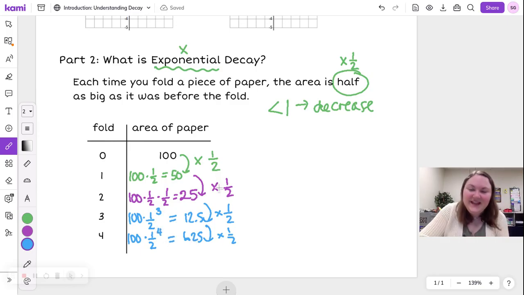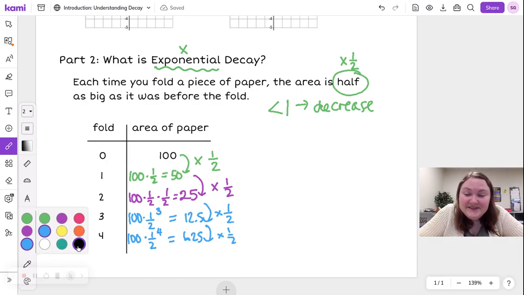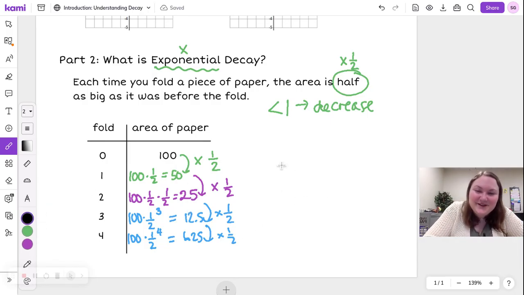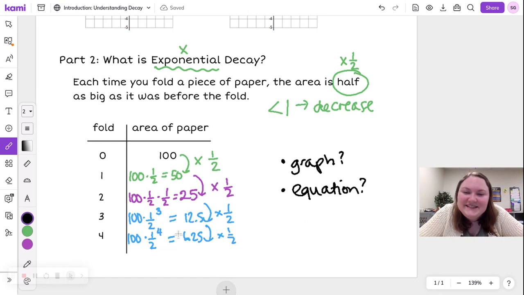The focus of the first part of this lesson is really going to be on these tables, but in these next 2 lessons, we're going to talk more about the graph above and what it would look like if I were to graph this situation, as well as the equation for this situation. The focus of these next 2 lessons, though, are going to be on situations like these, where something is decreasing using multiplication.